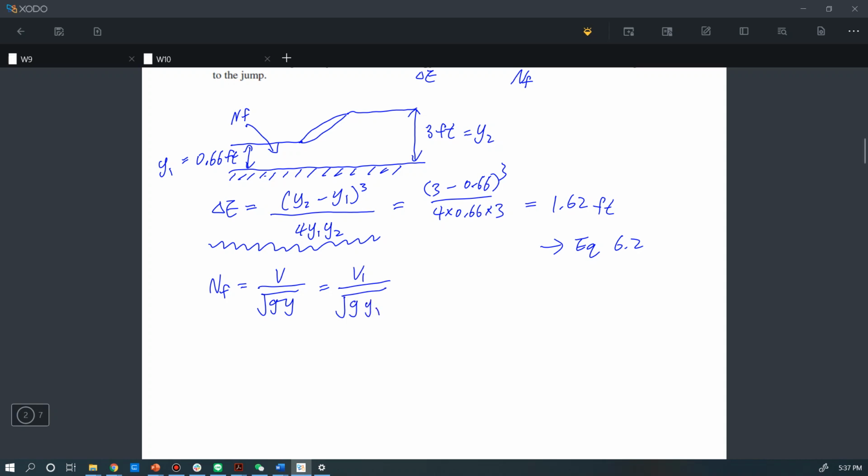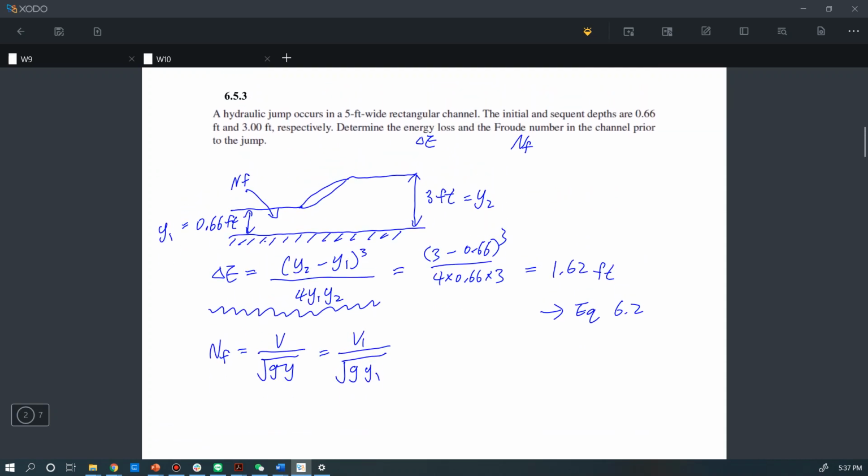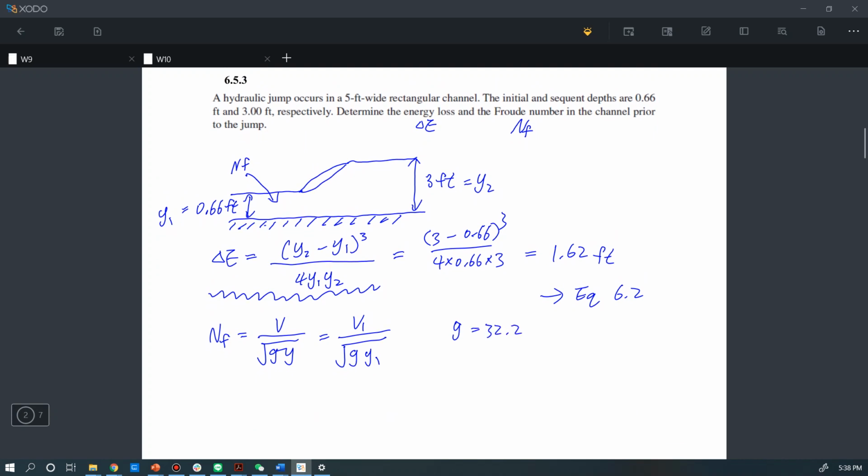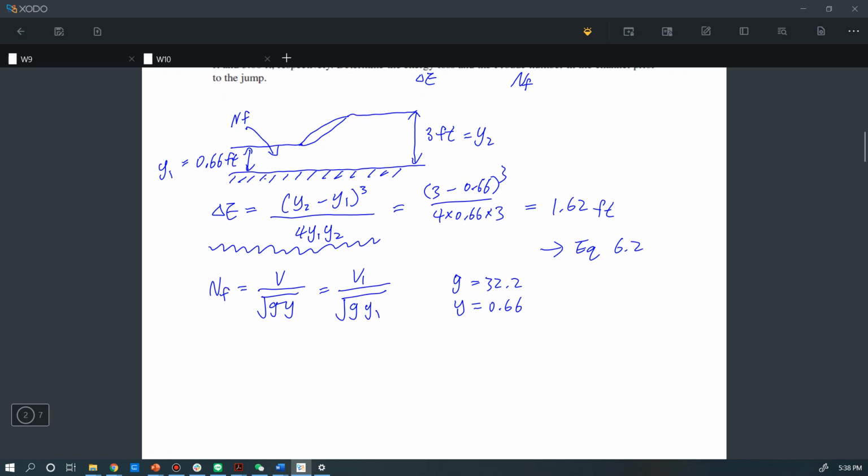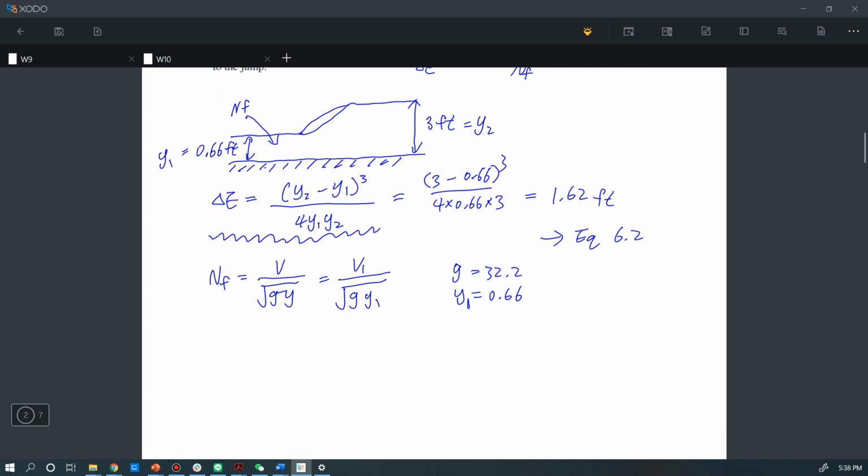We know g is equal to 32.2, and we know y1, which is equal to 0.66. So the only thing that we don't know is v1. So we want to find out this v1.